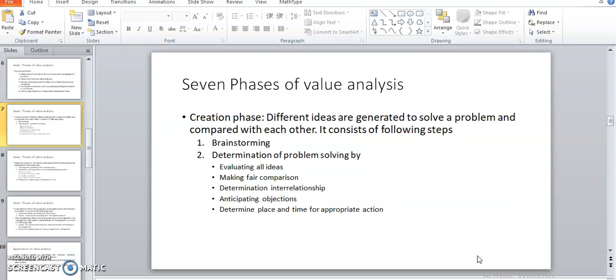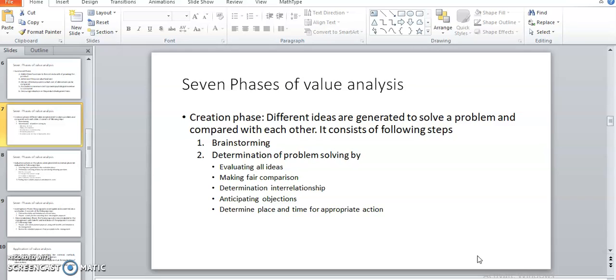Another phase is the creation phase. In this creation phase, there is a generation of innovative ideas. These innovative ideas we can use to solve that particular problem.